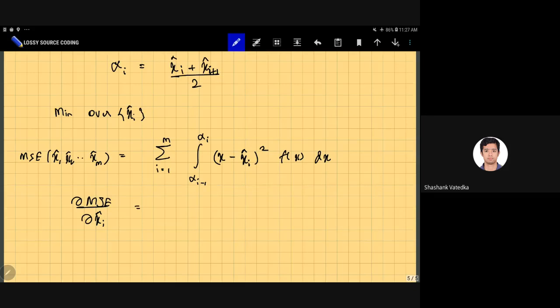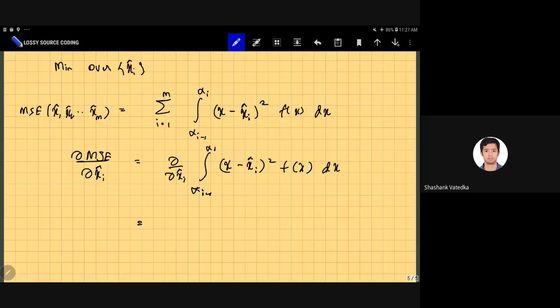All we have is the partial derivative with respect to xi hat of the integral from alpha i minus 1 to alpha i of x minus xi hat the whole squared, f of x dx.